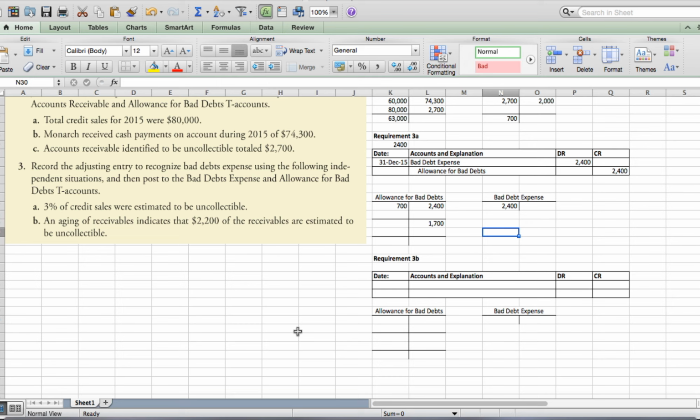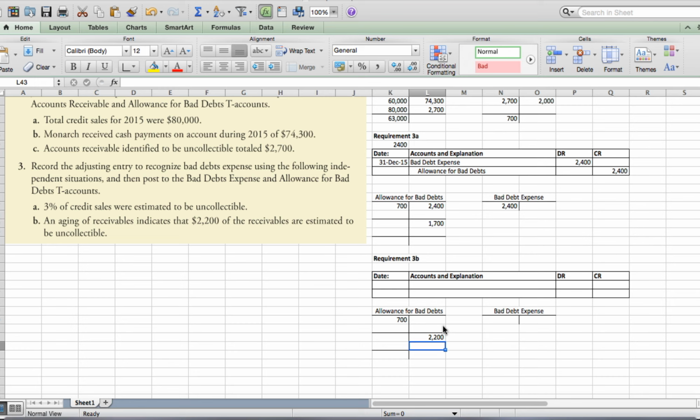Okay? So in this case, it's going to be kind of like a simple algebra problem. We start with a $700 debit. At the end of the day, what we want it to be is $2,200 of a credit balance here. Okay? So you basically need to know, if you wanted to change this to algebra, x minus 700 equals 2,200.